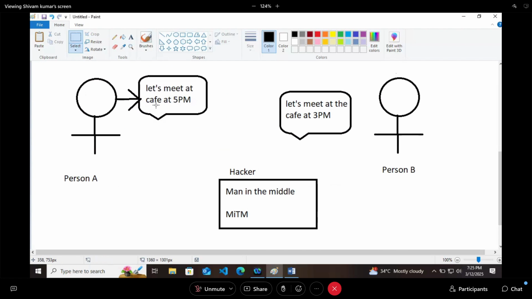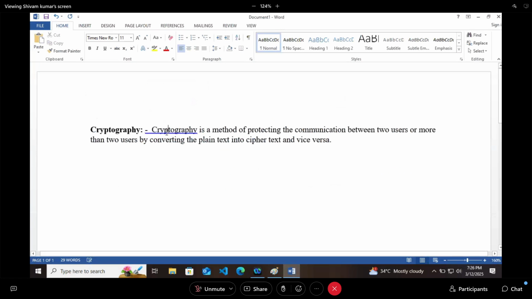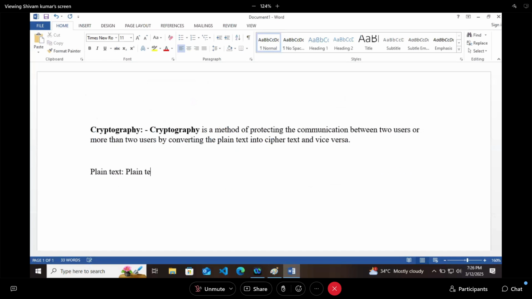First you have to understand what is plain text and what is cipher text. So at first we'll see what is plain text. Plain text can be defined as the human readable or writable text. Plain text means a human can read that, a human can write that.